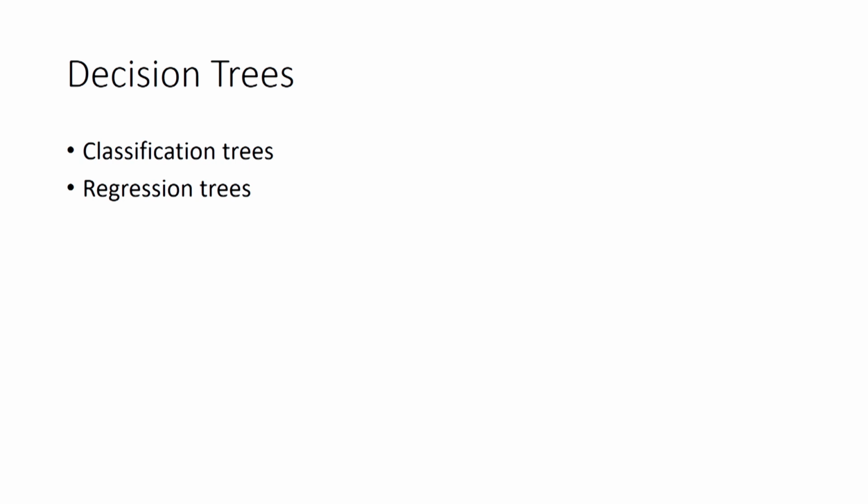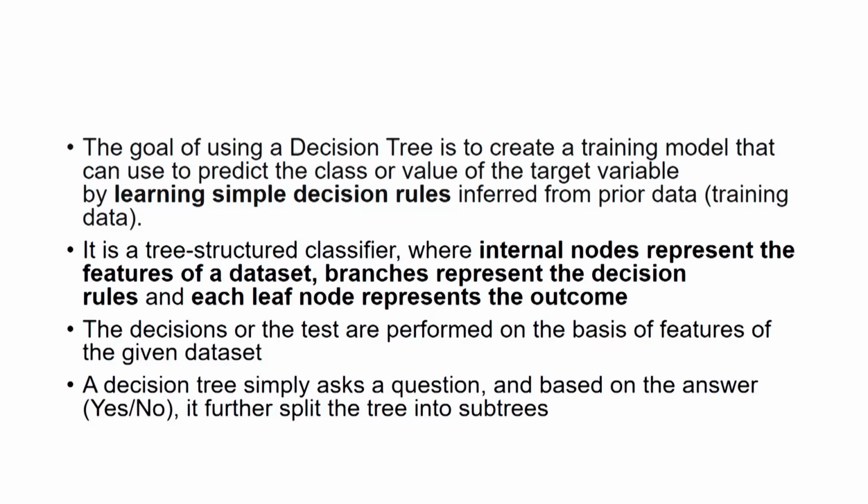When it is used for regression, it is called a regression tree, and when it is used for a classification problem, the tree that is learned is called a classification tree. So, the idea is the same. When we are using decision tree for classification, we are creating a model, and that model is nothing but a tree, and decision rules are embedded in that tree, and using these decision rules we will predict the class of the given new instance.